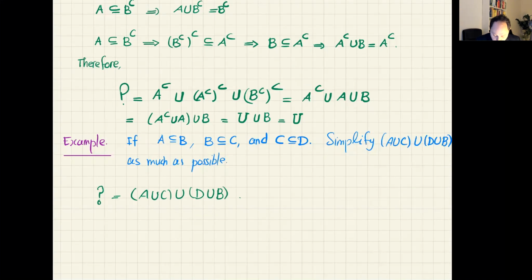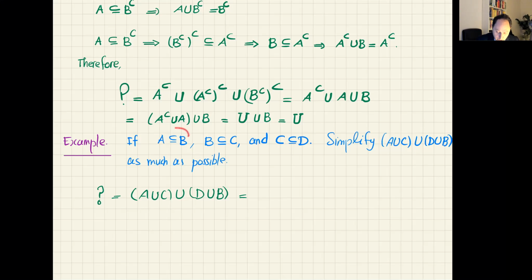Okay, first of all, I can group them, because all of them are unions, and we know that the union is commutative and associative. Commutative means that if you want to interchange the places of two sets, you can do that. Associative means that you can group them in different groups. The answer would be the same.